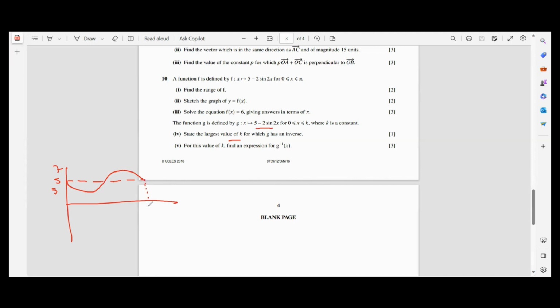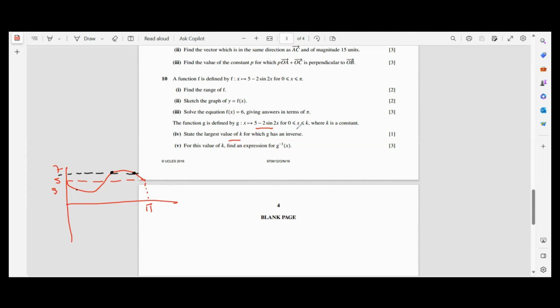And this is pi. To make sure that it has an inverse, usually we do the horizontal line test. If we do the horizontal line test here randomly, it will cross 2 points. If it crosses 2 points, it means it does not have an inverse.